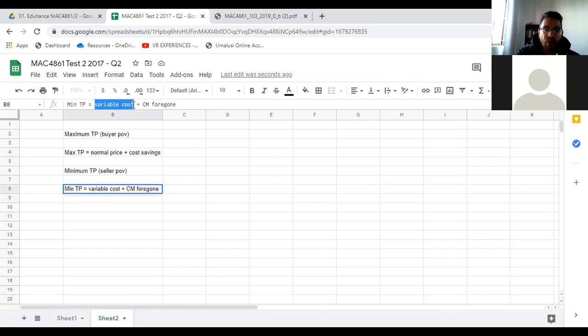Very important. What you must know is that this variable cost has two types: manufacturing variable costs as well as non-manufacturing variable costs.